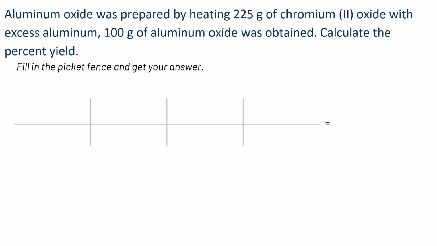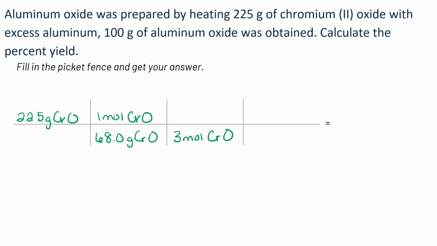So now to fill in my picket fence, I'm going to add 225 grams of chromium oxide. I have 68.0 grams of chromium oxide to 1 mole of chromium oxide. I have 3 moles of chromium oxide to 1 mole of aluminum oxide.